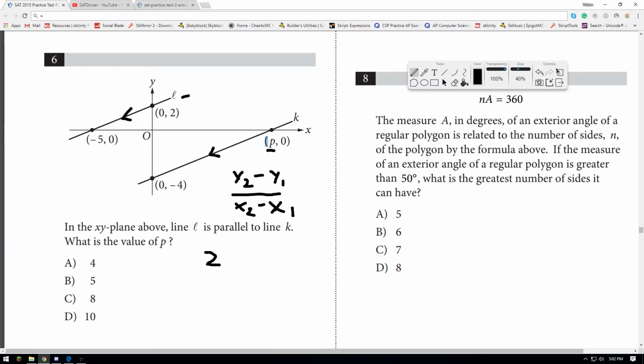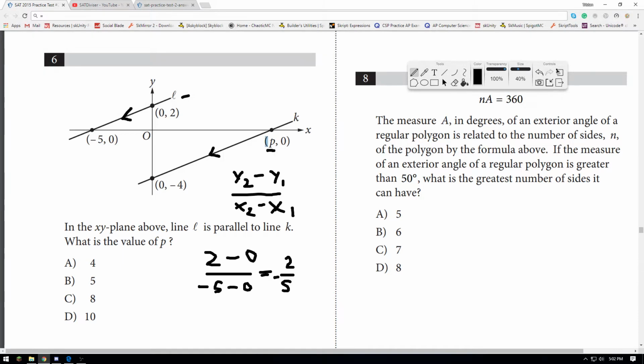Let's see, 2 minus 0 over negative 5 minus 0. Anything minus 0 is just going to be itself. So this is going to be equal to 2 over negative 5, or negative 2/5.